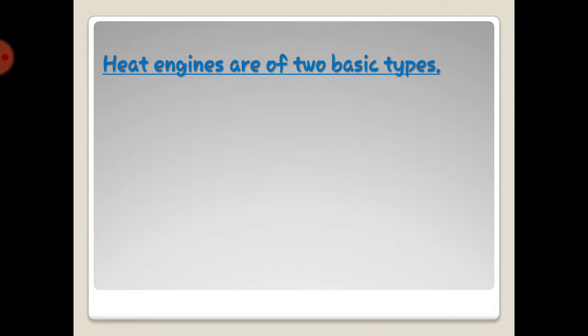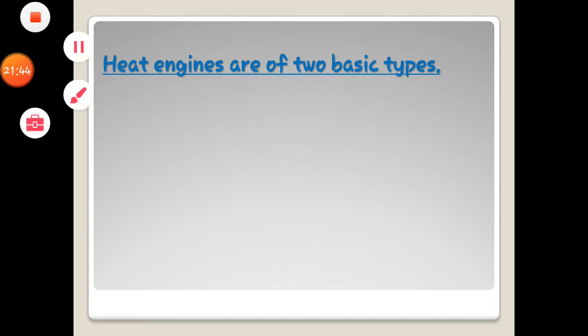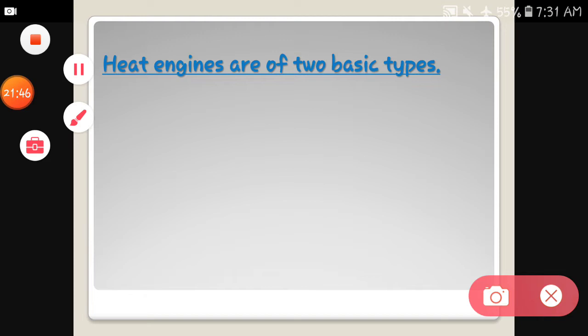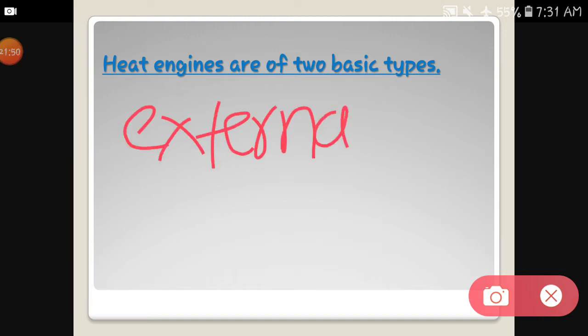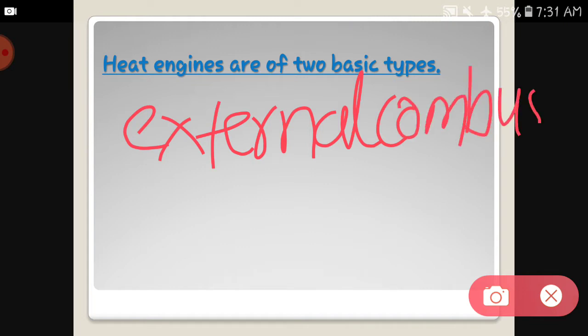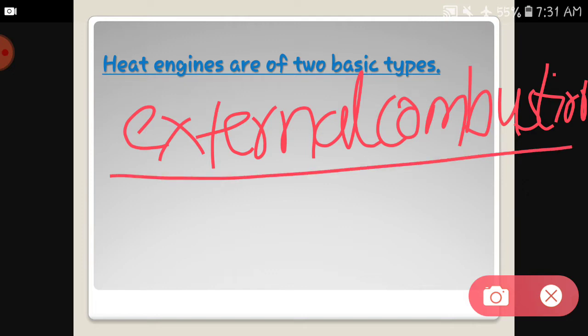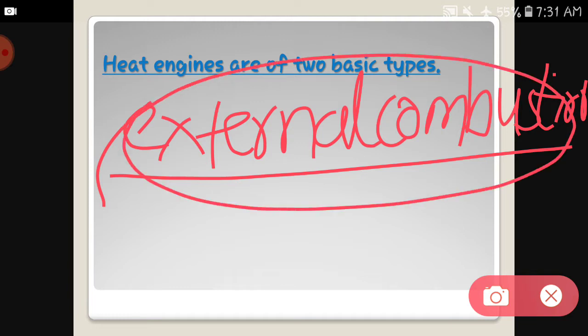So the first type of heat engine is nothing but external combustion. Now, what is external combustion? When the working substance is heated externally, it is known as external combustion.